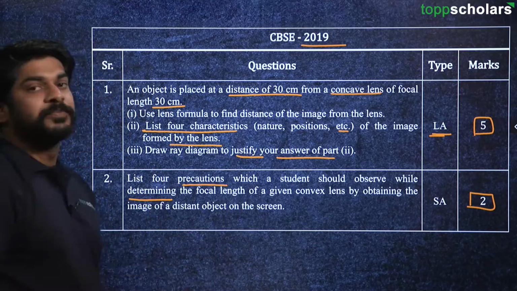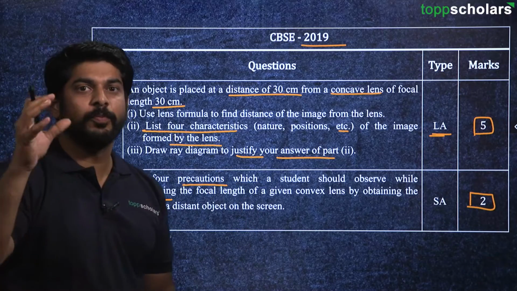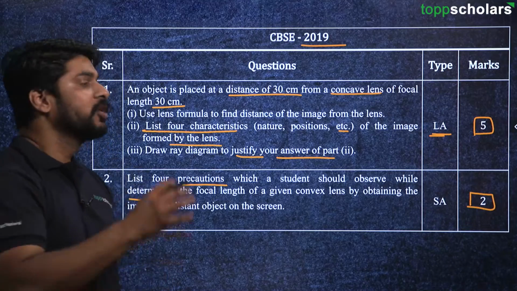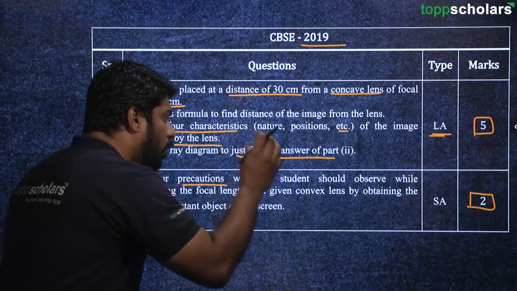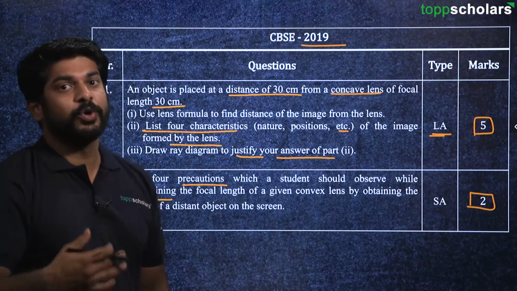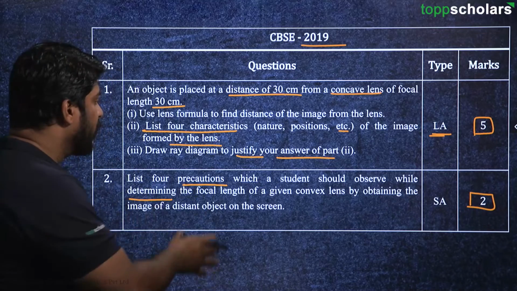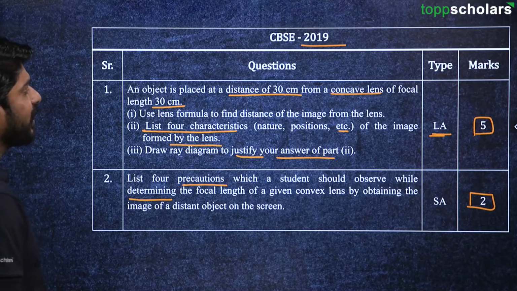Then secondly, as we know, there has to be proper illumination. That means proper intensity of light should be there so that we will be able to see the object very clearly. And in this way, there are many such precautions that we have to take, and we have to list those precautions over here. So this is the second question.